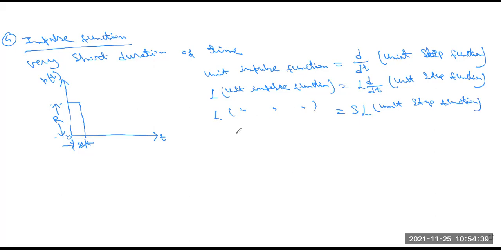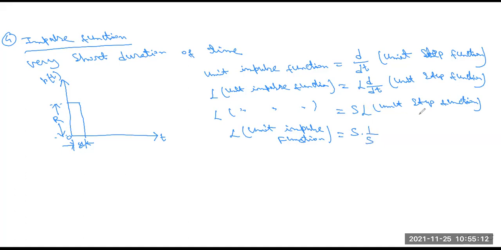So now we have to write the Laplace of the unit impulse function equals S dot the Laplace of the unit step function, which we calculated earlier, and the value is 1 by S. Please go through the step function we discussed in the earlier slide also.